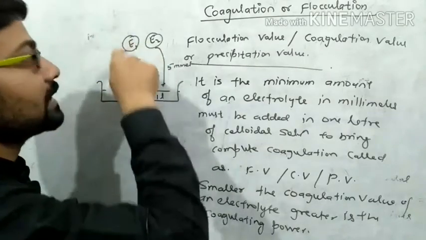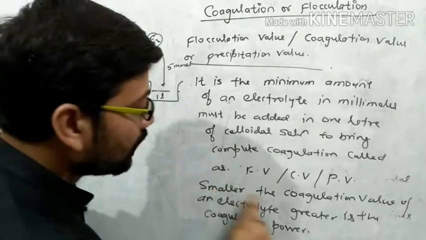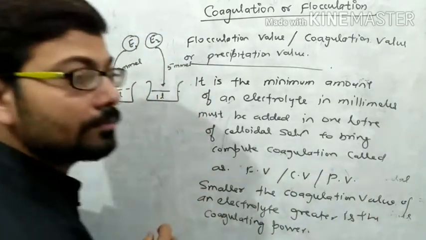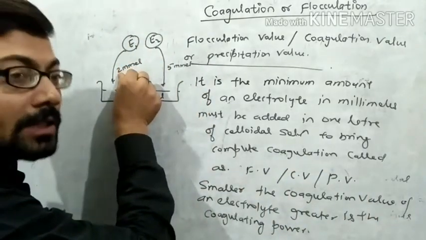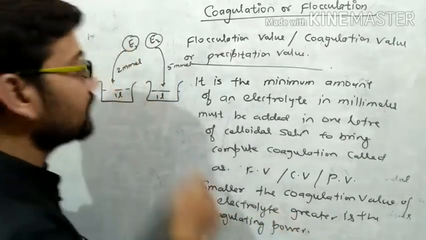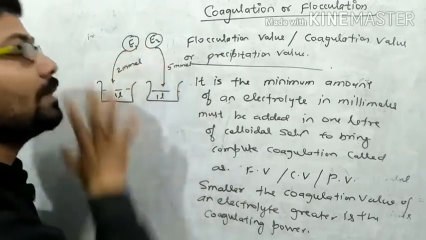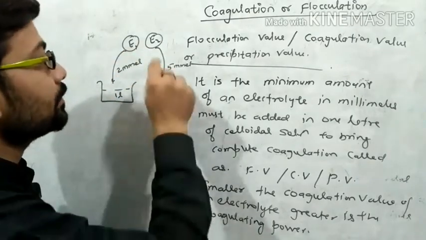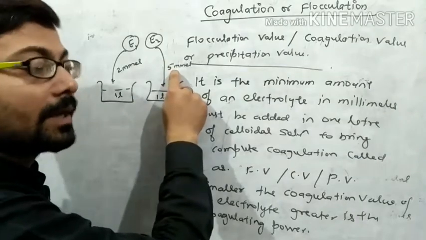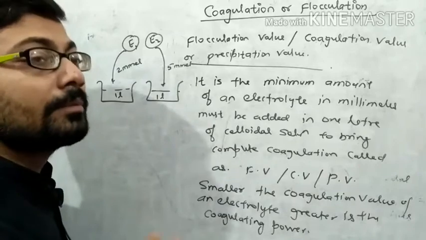So इस electrolyte की amount कम लग रही है, smaller the coagulating value, then greater is the coagulating power. इसकी coagulating power ज़्यादा है, इस वजह से इसमें हमें 2 मिलीमोल्स ऐड करने पड़े, जबकि इसकी coagulating power कम है, इसी वजह से इसमें हमें 5 मिलीमोल ऐड करने पड़े.